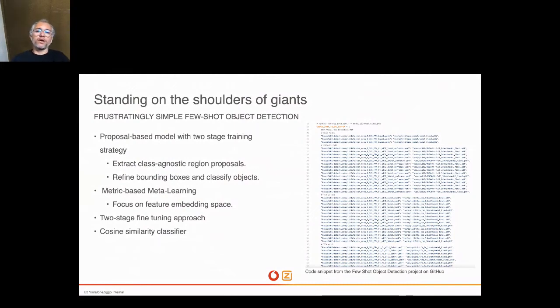Within all the papers that we have seen, one that looked very promising was Frustratingly Simple Few-Shot Object Detection. This is from 2020. And as the title says, it's really standing on the shoulders of giants, because nowadays the synergy between academia and industry is really working.